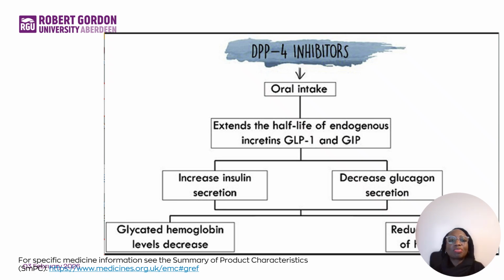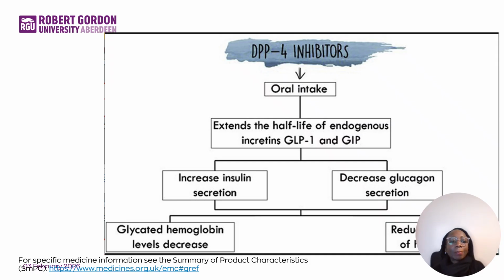So when you take a DPP4 inhibitor, it does extend the half-life of the endogenous incretins GLP-1 and GIP. So you have increased insulin secretion, beg your pardon, and decreased glucagon secretion. And these, in turn, give a reduction in the HbA1c and overall hypoglycemia.